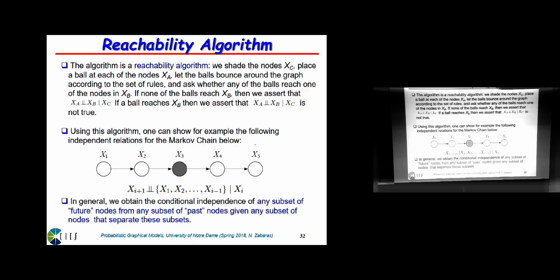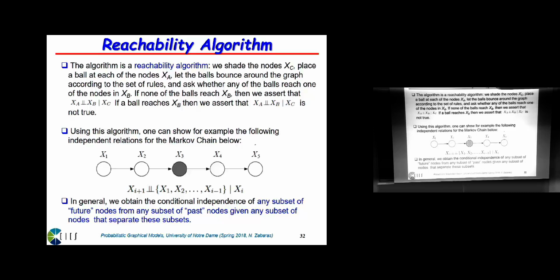So this is the Markov chain, first order, and it says, given xi, xi plus 1 is independent of all the previous xi's. That's the first order Markov chain. Can you give me an argument of this being true using D-separation? How are we going to establish that they are D-separated?